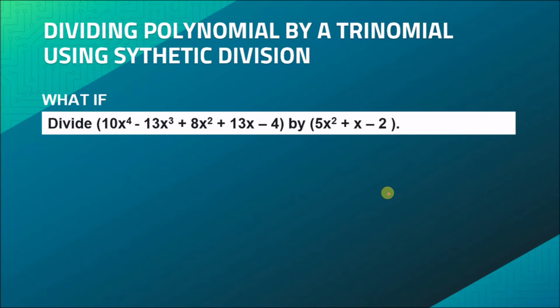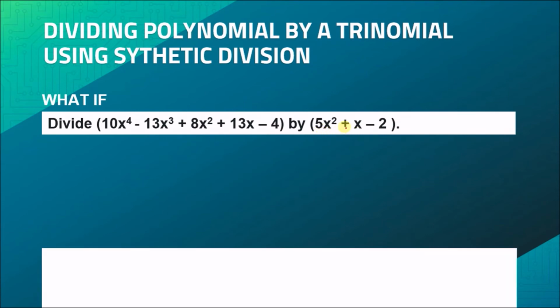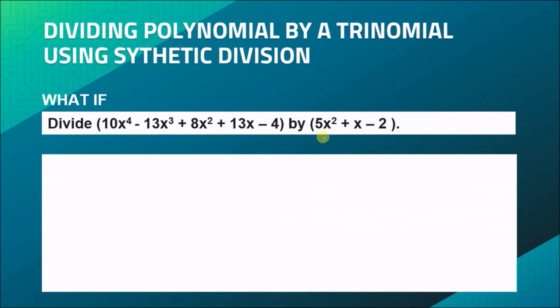Another example, what if our given problem has 10x to the fourth minus 13x cubed plus 8x squared plus 13x minus 4. I-divide natin sa 5x squared plus x minus 2. Kung titignan natin, meron na tayong coefficient dito sa ating quadratic term na greater than 1.